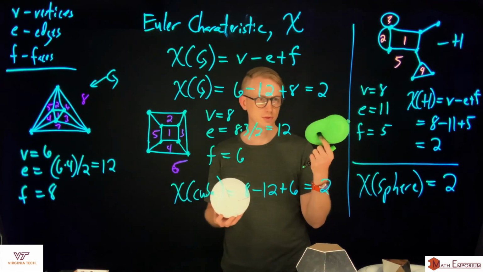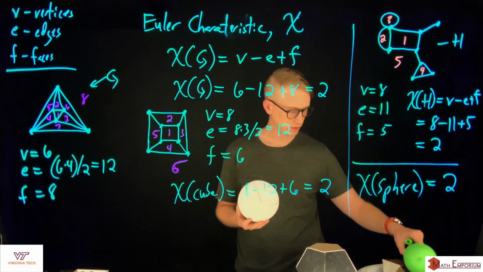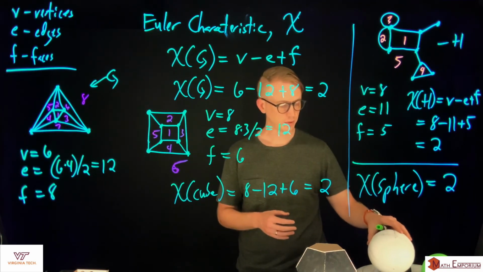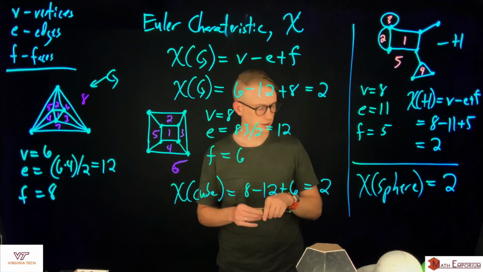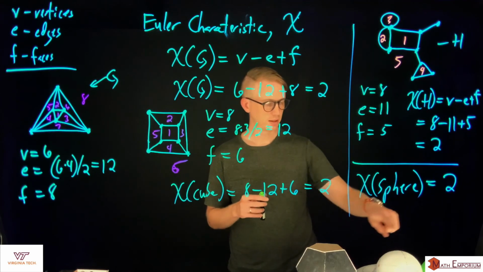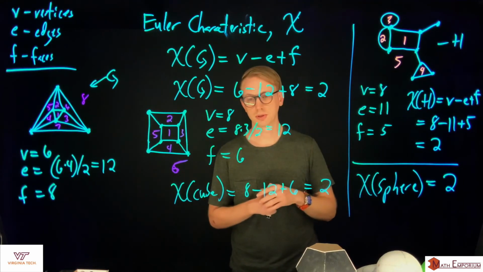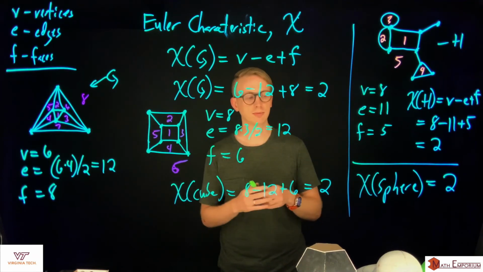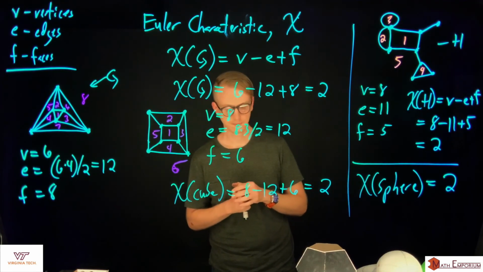Now this surface, this torus, this thing with the sphere with the handle sort of thing, is a different Euler characteristic. If you want to give it a try before I do it in another video coming up, you go for it. But you do have to make sure you divide the torus into faces, right? So the edges and vertices not a problem, but make sure you divide it into faces.